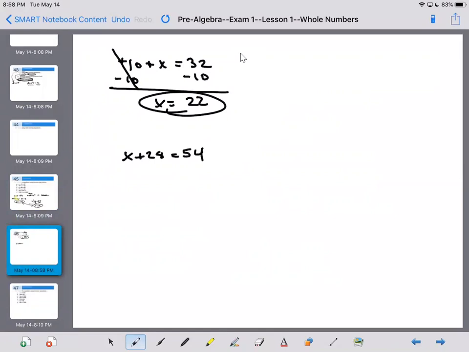Same idea. We recognize, well, what's the operation? It's addition. So we want to take the opposite, or the inverse operation. So we want to subtract 28 to both sides. That goes to 0. That's what we wanted. So 54 take away 28. And that's going to be 26.